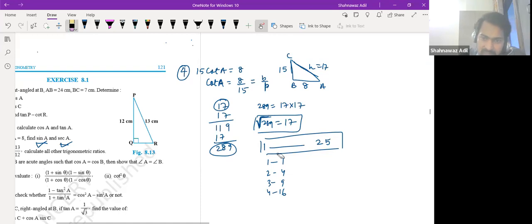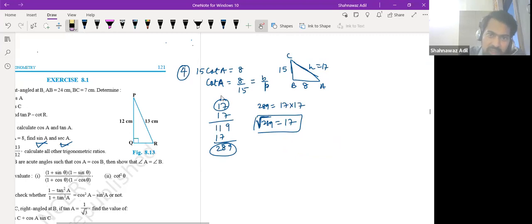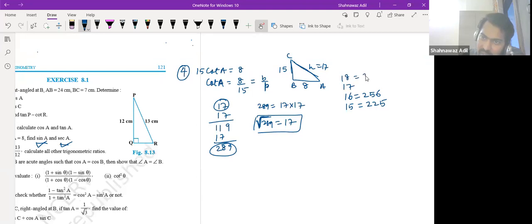So you can guess 289. What is the closest perfect square that you remember? 16 is 256, 15 is 225, 18 is 324, 20 is 400. So you have to check which values are closer to these values.